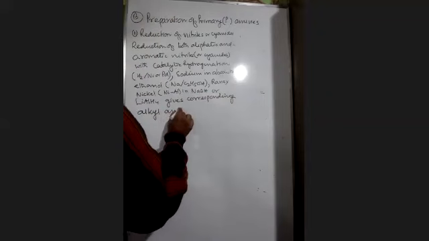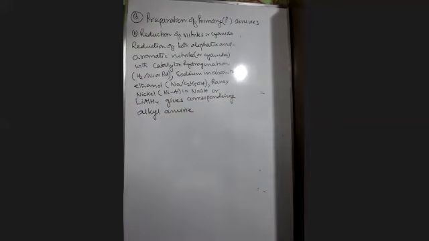See, very interesting. When I have taken nitroalkanes, I have got aliphatic amine. When I have taken nitroarenes, I have got aromatic amine. But in this case, both of them will give you aliphatic amine. I'll show you.